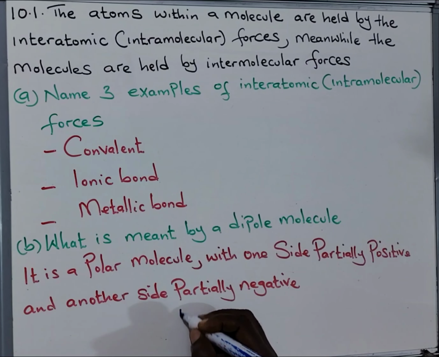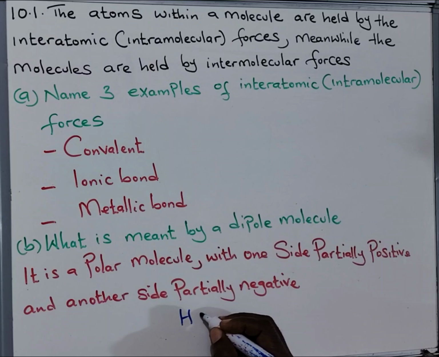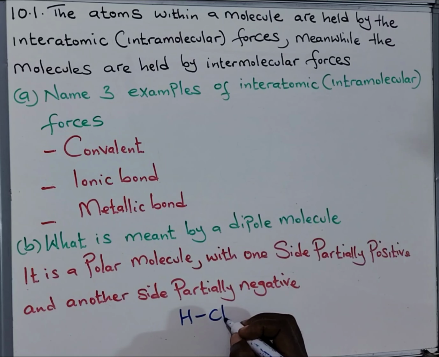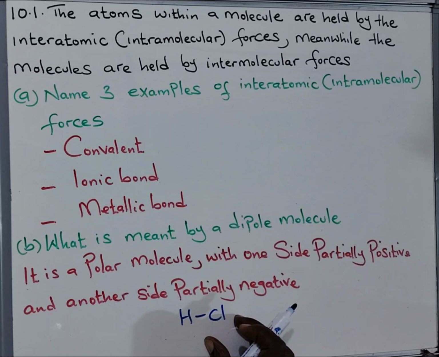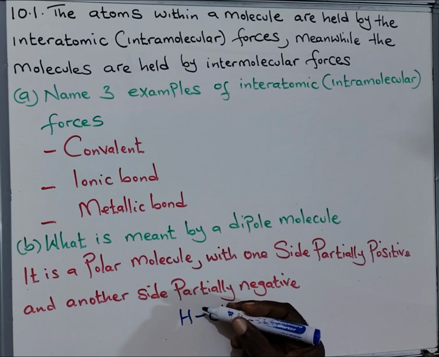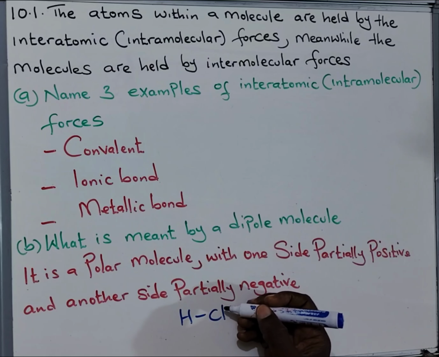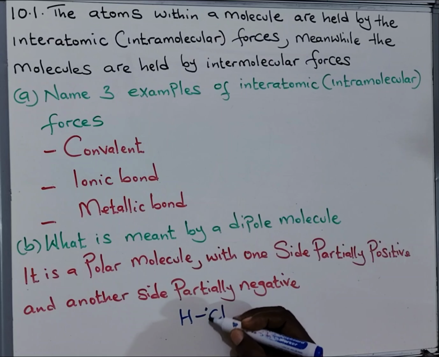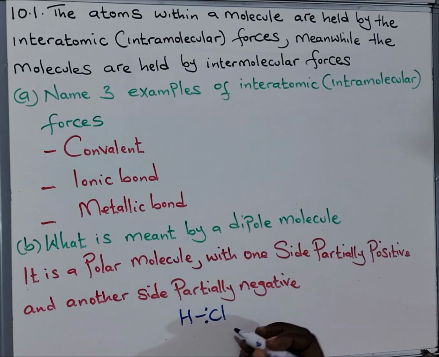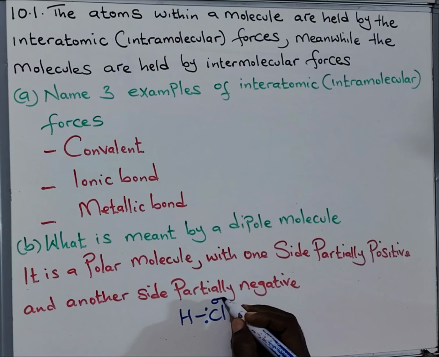An example is hydrogen chloride. What we know is that the chlorine atom is more electronegative than hydrogen. So you have to know that a bond is a pair of electrons. The one which is electronegative tends to attract electrons to itself, making it partially negative.